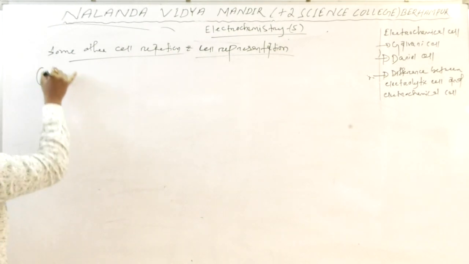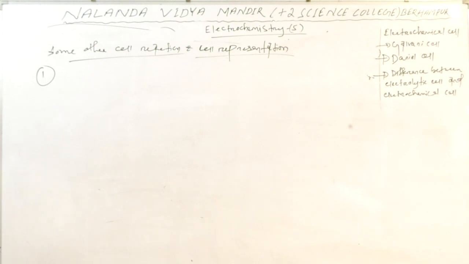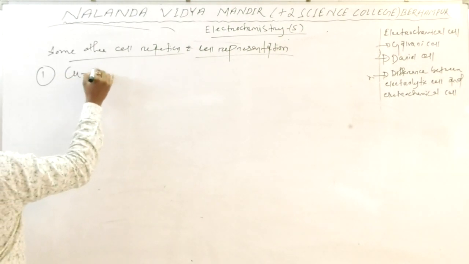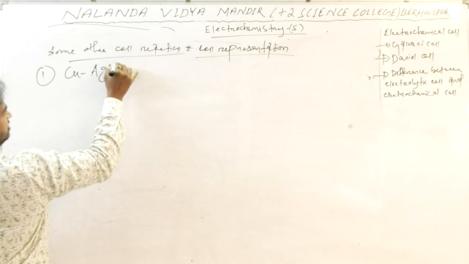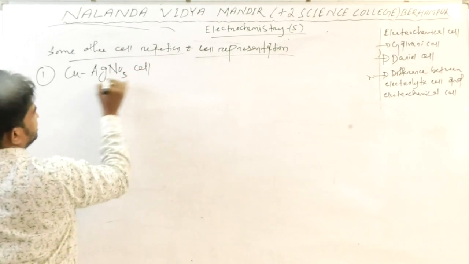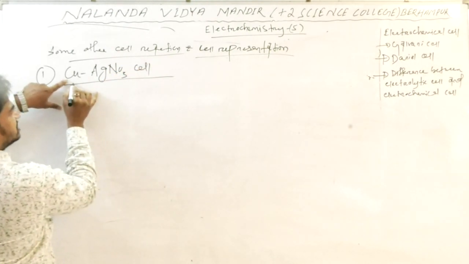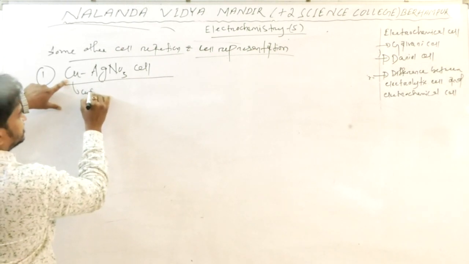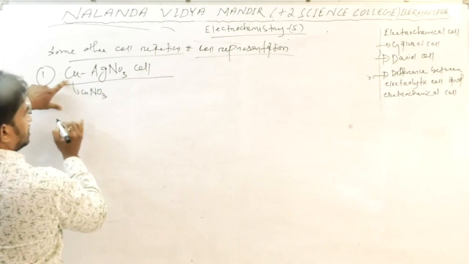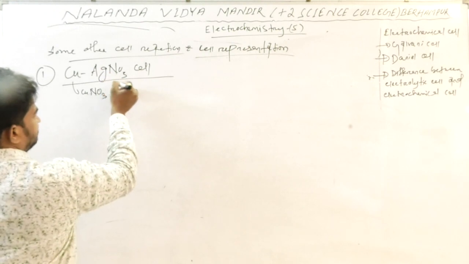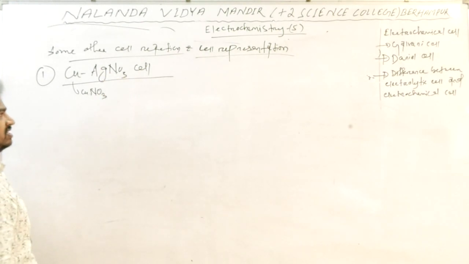First one, the copper silver nitrate cell. Copper silver nitrate cell means here the copper rod is present in copper nitrate solution and the silver electrode is present in silver nitrate solution.